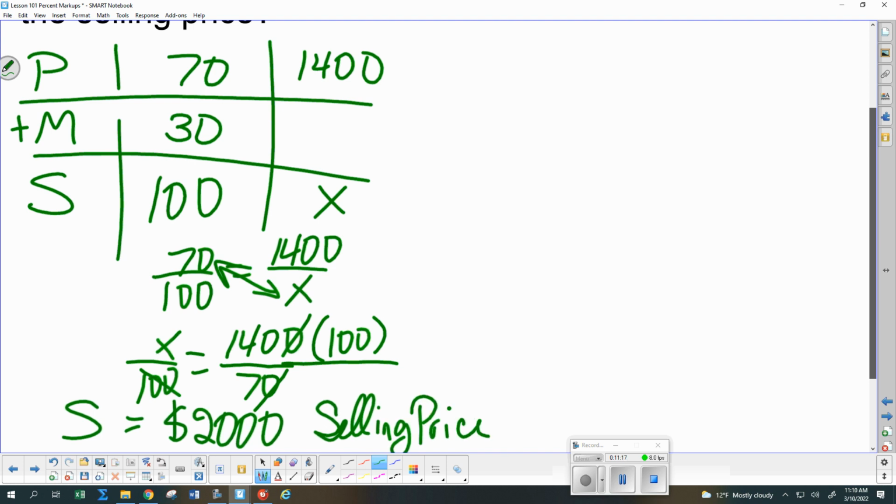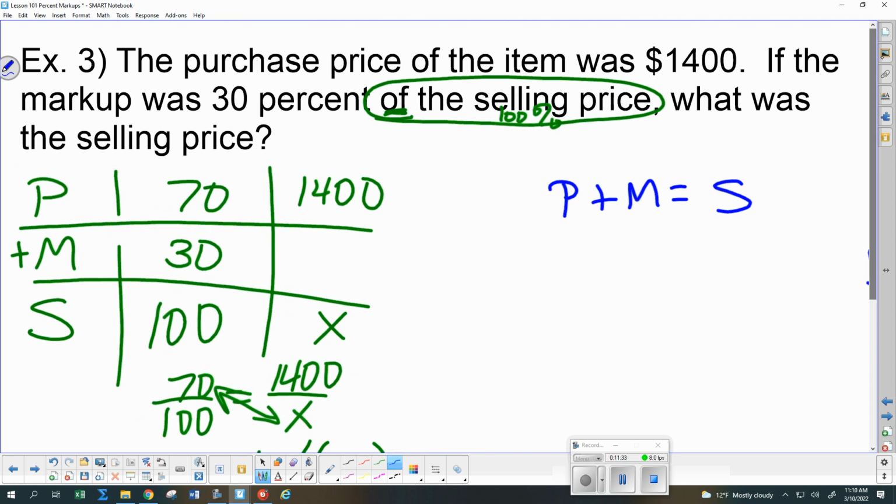We can also do that with the equation. So we'll do that next. If we do it as an equation, we start off with P plus M equals S. We look at the words up here. The purchase price was 1400.